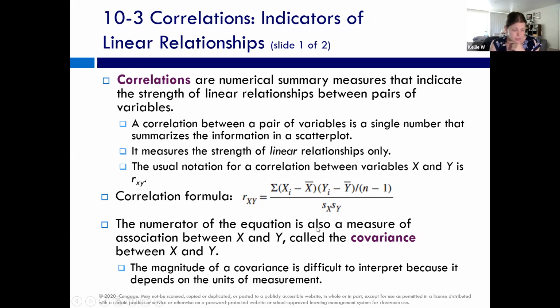So the numerator is the measure of the association between X and Y, and the magnitude of covariance is hard to interpret because it depends on the units of measurement. So just be careful when you're looking at covariance alone.